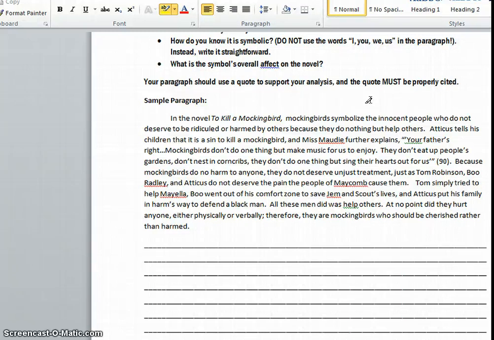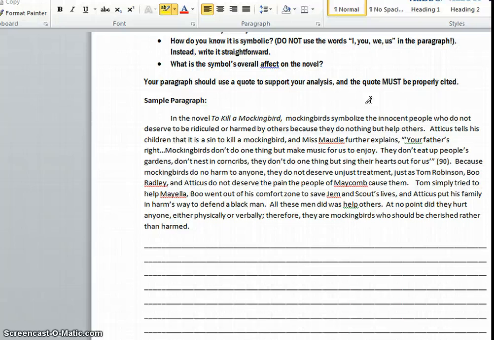Atticus tells his children that it is a sin to kill a mockingbird, and Miss Maudie further explains, "Your father's right. Mockingbirds don't do one thing but make music for us to enjoy. They don't eat up people's gardens, they don't nest in corn cribs, they don't do one thing but sing their hearts out for us." Because mockingbirds do no harm to anyone, they do not deserve unjust treatment, just as Tom Robinson, Boo Radley, and Atticus do not deserve the pain the people of Maycomb caused them.